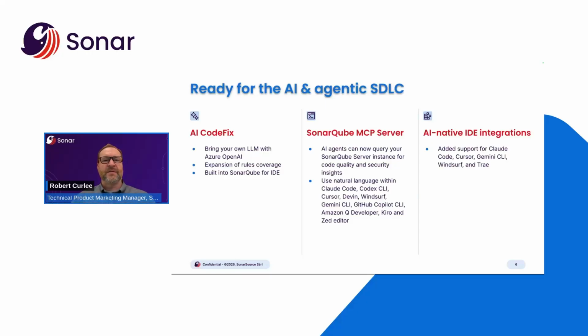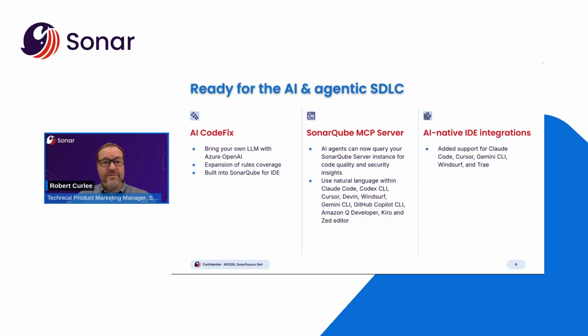What's kind of special about AI Code Fix for us is that we're basically building customized prompts for the issues that SonarQube finds. So when SonarQube finds an issue, we build this very specialized prompt that gives us very, very good, very high-value results. And so we're expanding on those and all the rules that we cover and all the issues that we find.